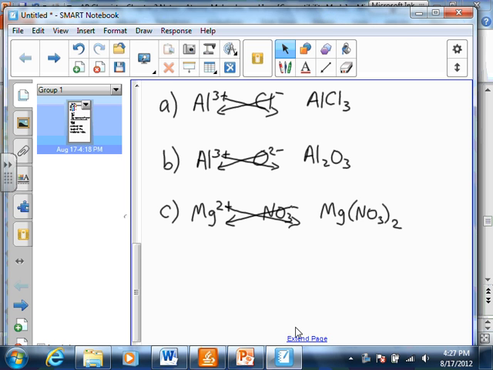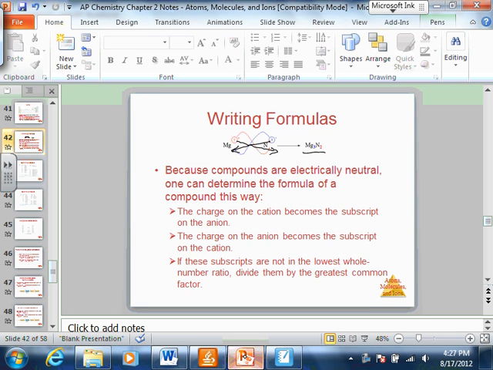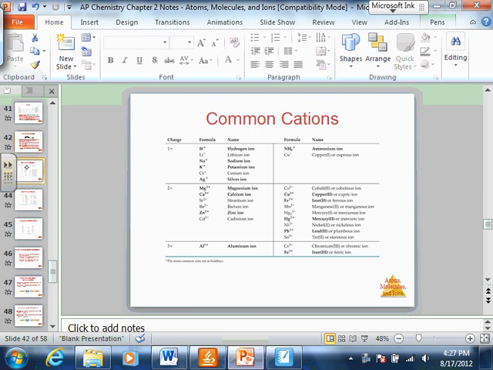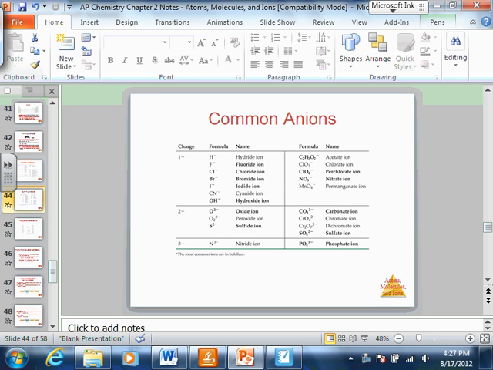This chart down here gives you some common cations that you can have. So you can take a look at that if you want to. And then the next chart also gives you some common anions that you might have. Now this also includes some polyatomic ions on it, okay? I'm going to give you a sheet on Monday, and that sheet is going to have a list of polyatomic ions on it.